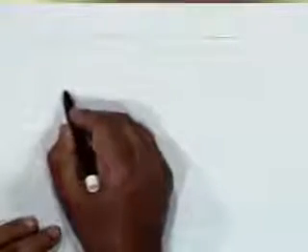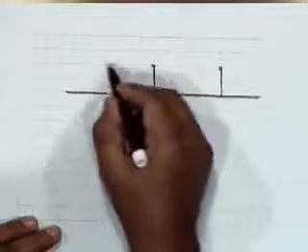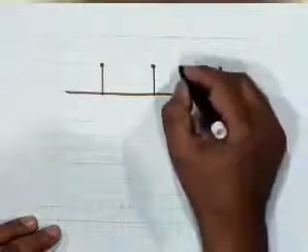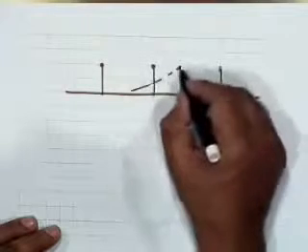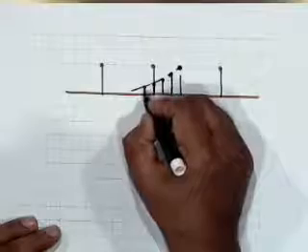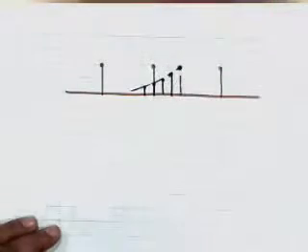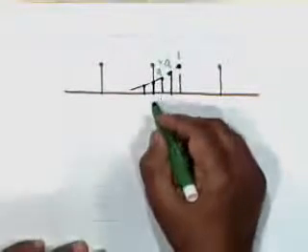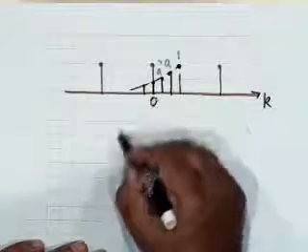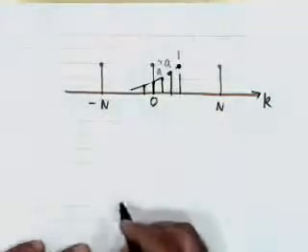Let me draw the picture again. My h of n minus k is like this. This is 1, this is 1, this is a, this is a squared, and so on. This is capital K equals 0, capital N minus n.